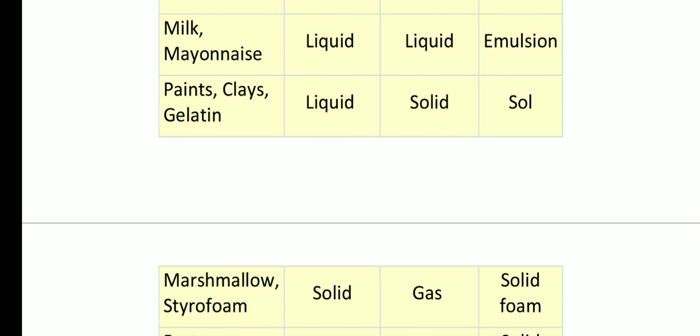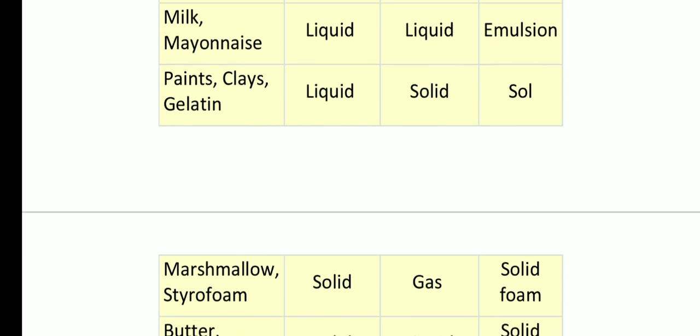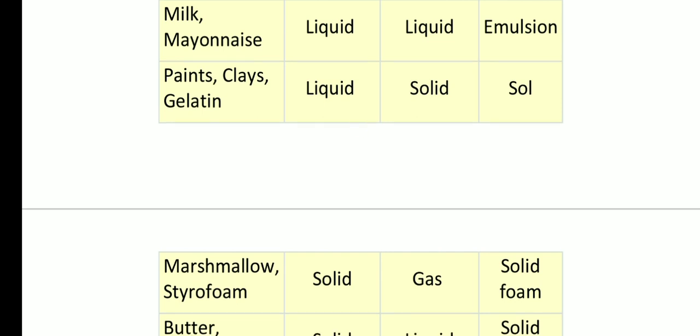Now fifth one is paints, clays or gelatin. Here dispersing medium is liquid and dispersed substance is solid. It is a sol type of colloid. Next one is marshmallow and styrofoam. Here dispersing medium is solid, dispersed substance is gas and colloid type is solid foam.